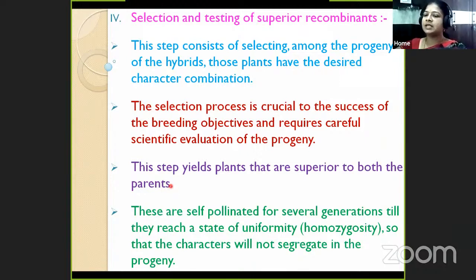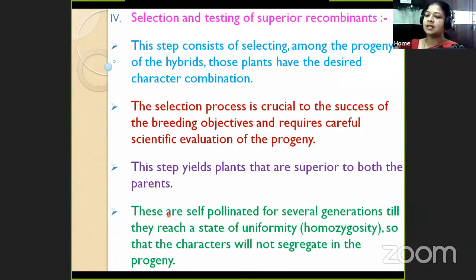Those two parents are crossed with each other to form a hybrid plant, and that hybrid plant is always superior to the parental plant. That hybrid is always superior to its parental plants.